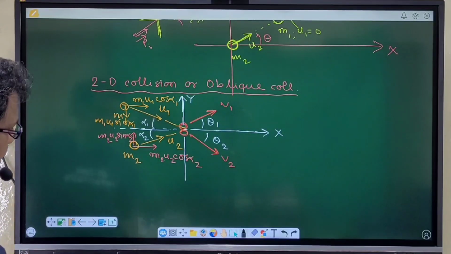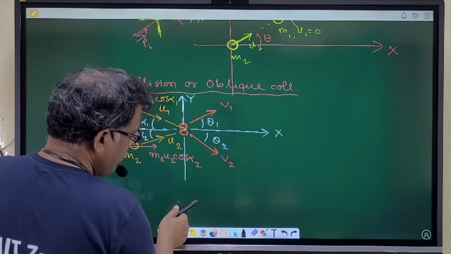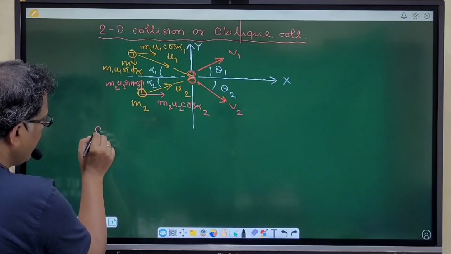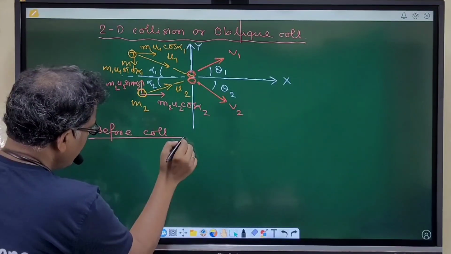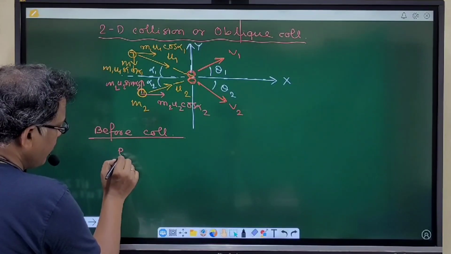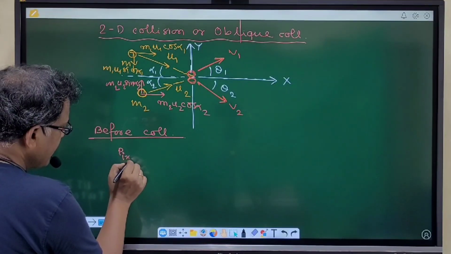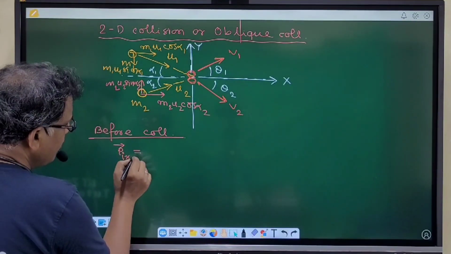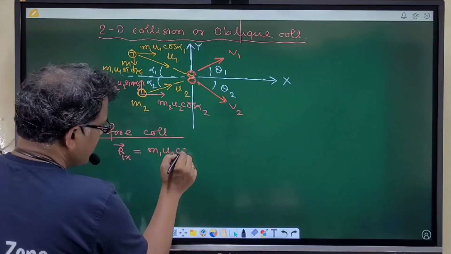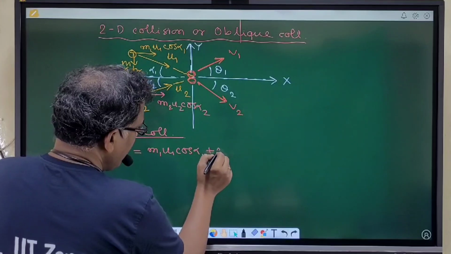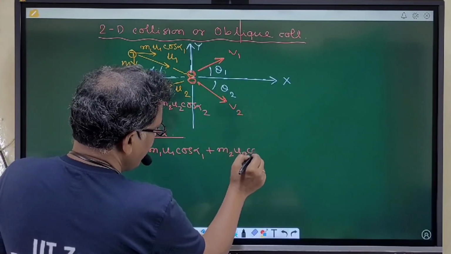That means before collision, if I want to write the linear momentum P initial x, the x component, it is m1 u1 cos alpha 1 plus m2 u2 cos alpha 2.